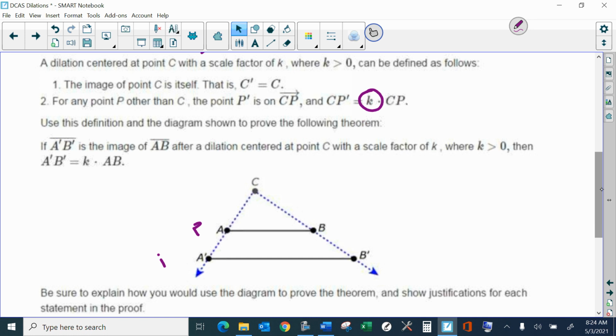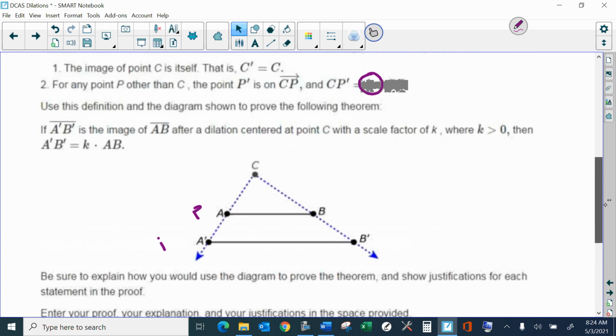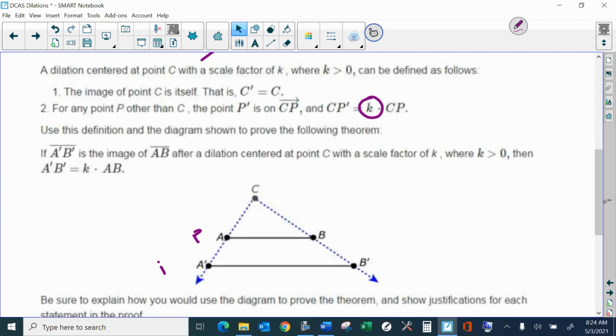Use this definition in the diagram shown to prove the following theorem. A'B' is the image of AB after dilation centered at C with scale factor K. Then A'B' equals K times AB. No restriction on how to use the diagram to prove the theorem, show justifications. Okay. In your proof, I'm just going to verbally talk about it.